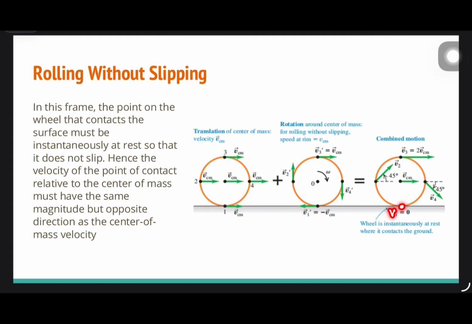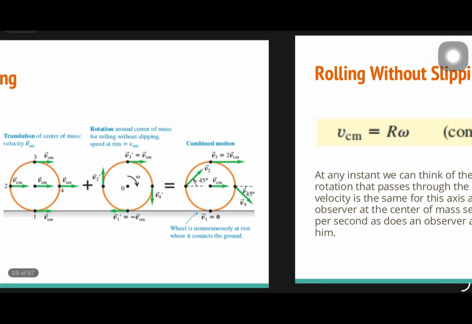Kaya nangyayari yung velocity at the lowest point, mag-equate siya sa 0. So, di ba, kahit na gumagalaw ang wheel, may point po na 0 ang velocity. So, ito yung naging result ng dalawang magkaibang direction, pero same lang yung magnitude nitong velocity sa baba. Okay.